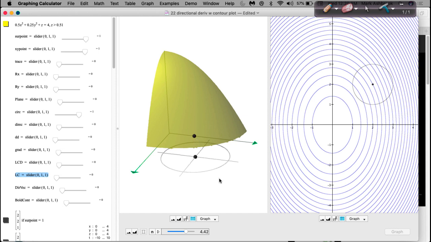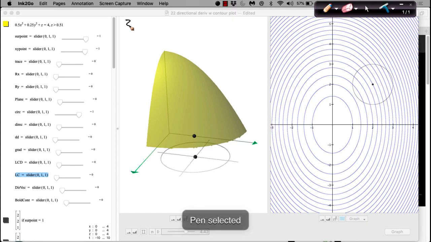Oh, let me give you the function here. We're going to call this g of x, y, equals 4 minus 1/2 x squared minus 1/4 y squared.